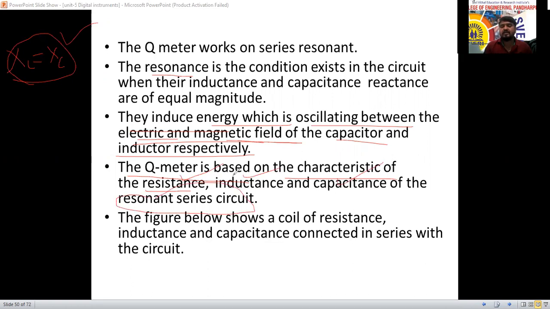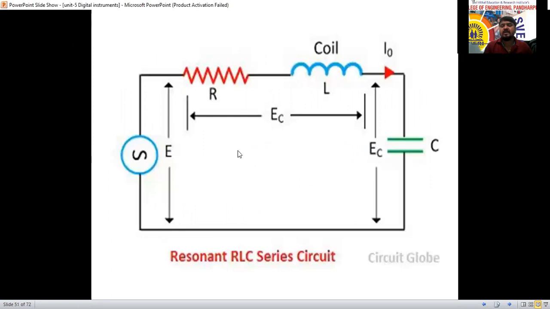We are considering the resonant circuit. The characteristics of resistance, inductance and capacitance are all required to get the Q value. So we are going to consider one circuit, called the series resonant circuit, a simple series RLC circuit.